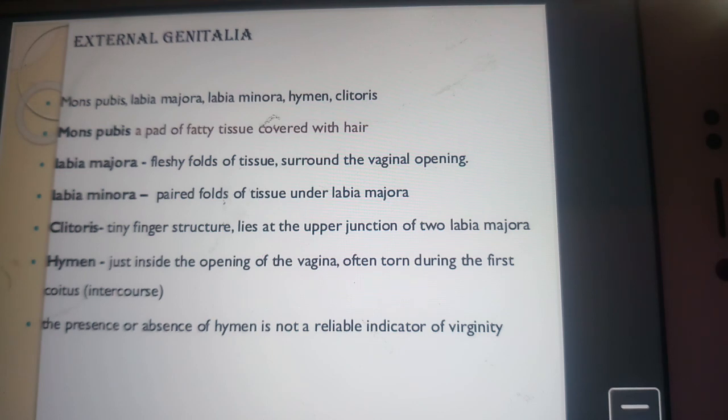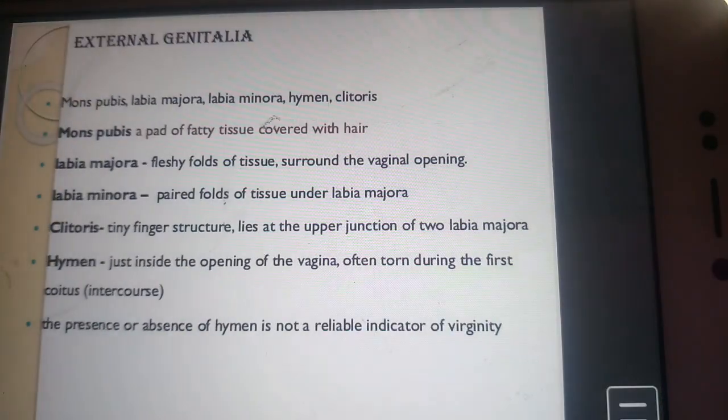The mons pubis is a pad of fatty tissue covered with hair. And later the two flaps, the labia majora and the labia minora.